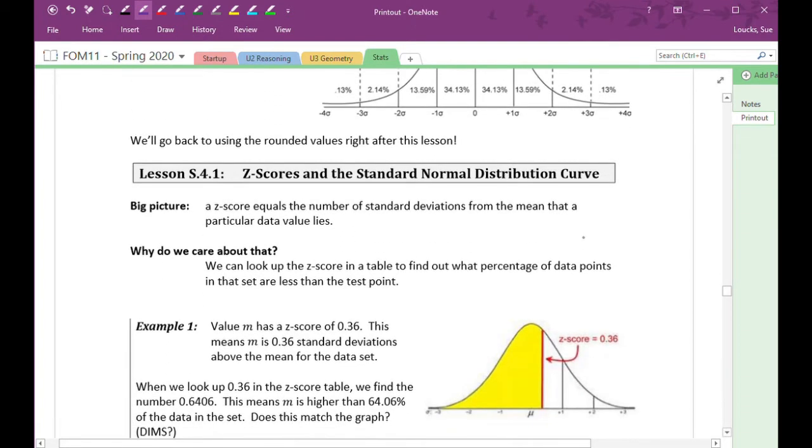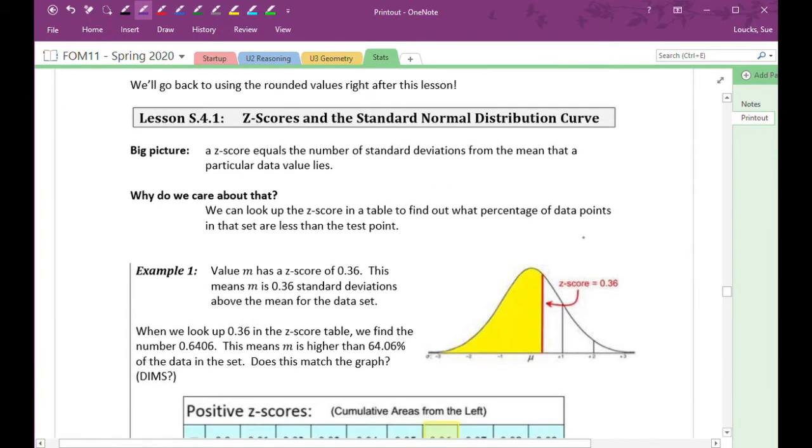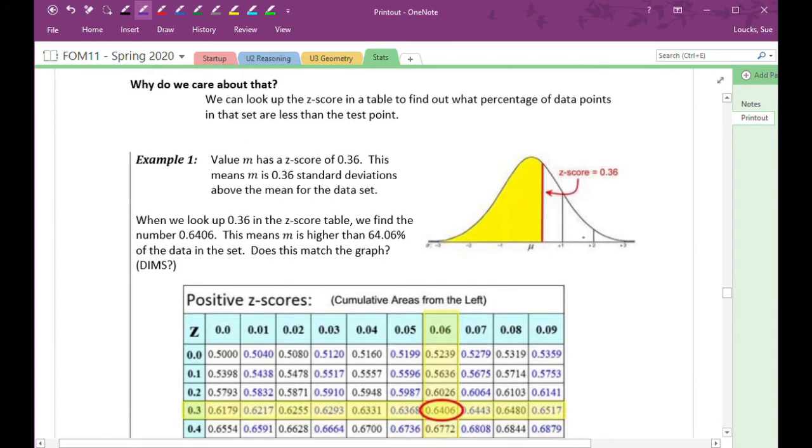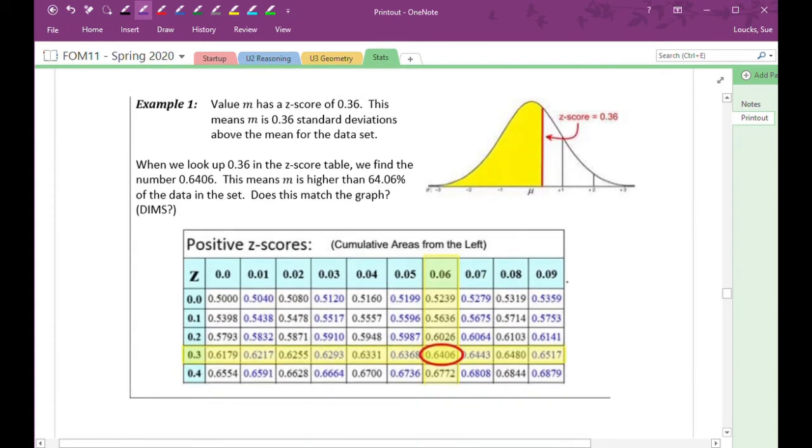Let's do an example. So the value m on this graph has a Z-score of 0.36. That means that m, this point right here, is 0.36 standard deviations above the mean for whatever this data set represents.